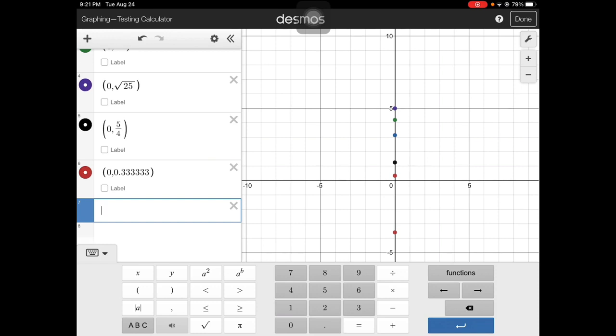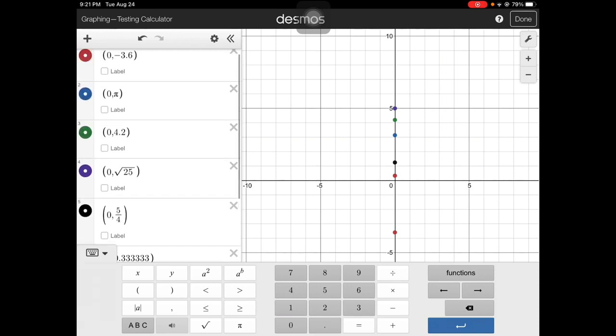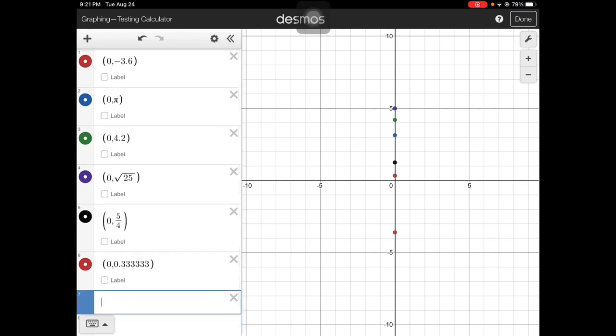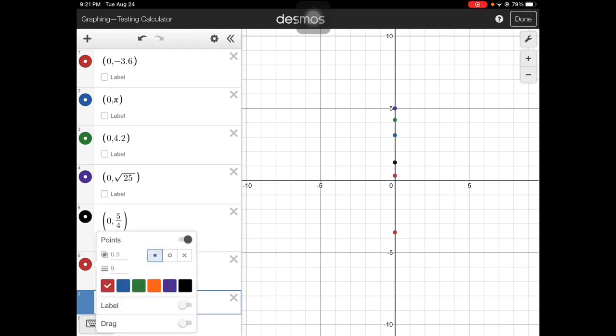Okay, now one thing that I want you to see is I now have 2 red labels. I don't want 2 numbers being the same color because I want to be able to see them, so they need to be different. To fix that, I'm going to push and hold the color button and you'll see how they change. Well, I only have 5 options in here.